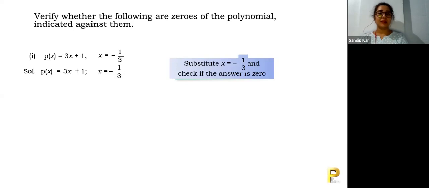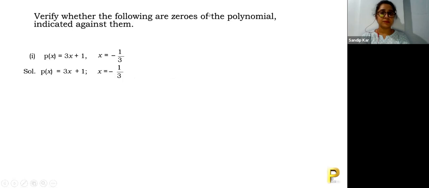If the answer is 0, the given value is the 0 of the polynomial. Okay, that is what we have to find. So let's see the solution.